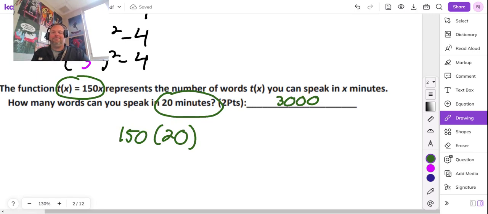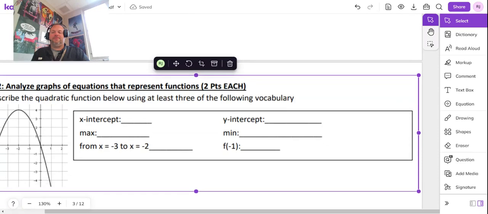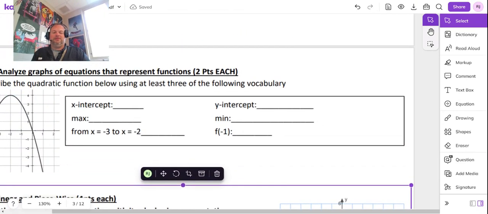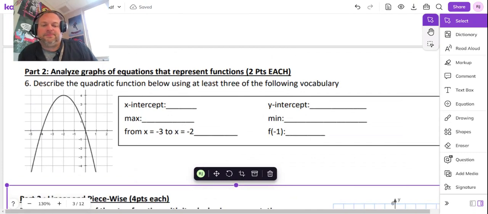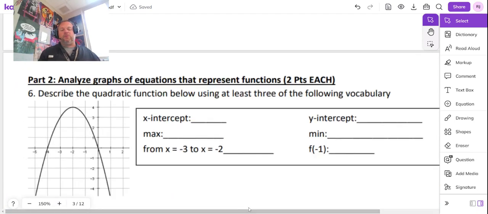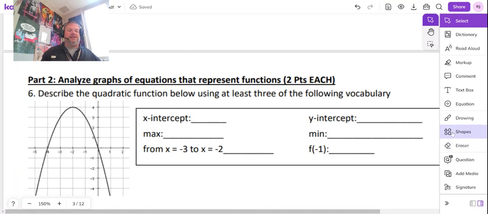All right. Let's think about this one. Oh, thinking. Difficult. All right. Each one of these things is 2 points each. There are 1, 2, 3, 4, 5, 6.